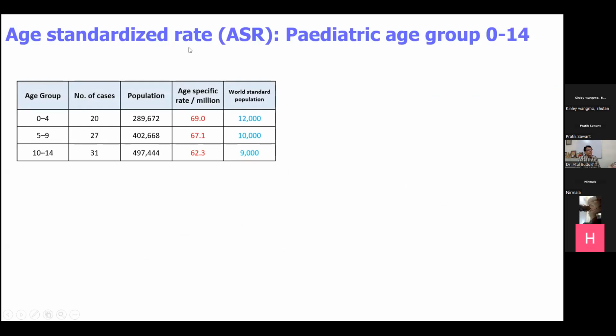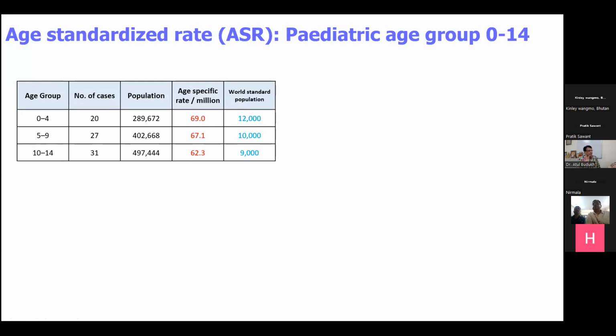So now we will show you for pediatric age group. Pediatric cancer, nowadays WHO asks us to present the rates for pediatric cancer in all the registries. All the registries here now, Colombo, Bhutan, Timor-Leste, Afghanistan, Vietnam, Indonesia, all the Indian registries.